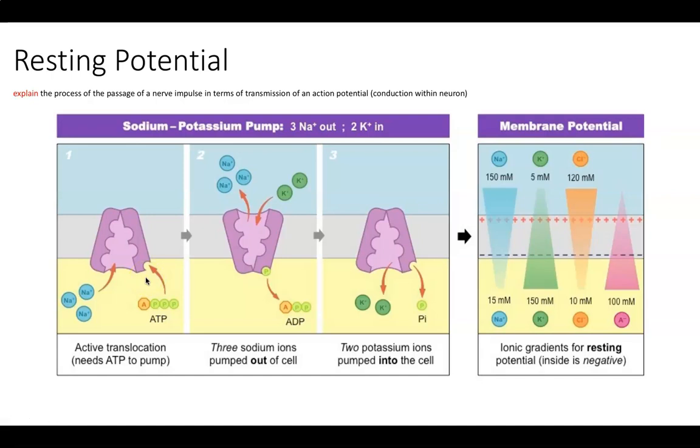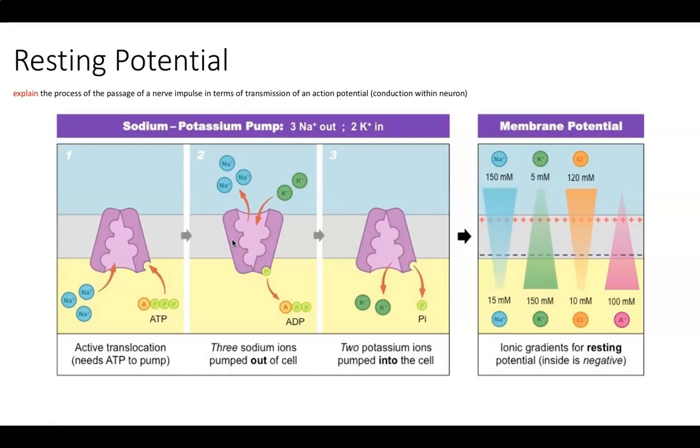It is the unequal distribution of these ions on different sides of the membrane, here's the membrane in gray, that creates a membrane potential, this difference in charge. A resting potential is the difference in charge across the membrane when the neuron is not firing. It's more negative inside the neuron relative to the outside. So it's actually not a negative charge, but compared to the outside, it's quite negative.